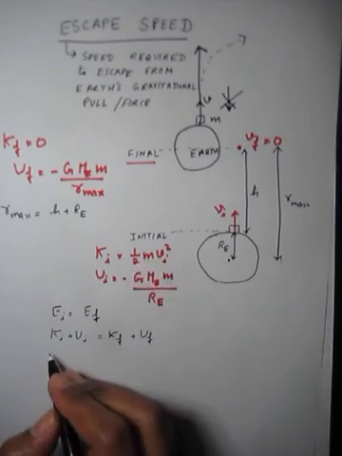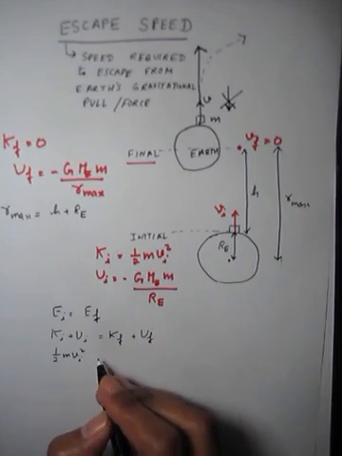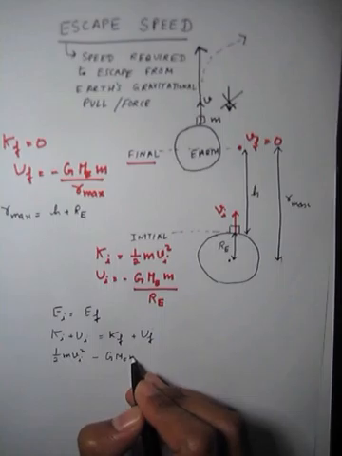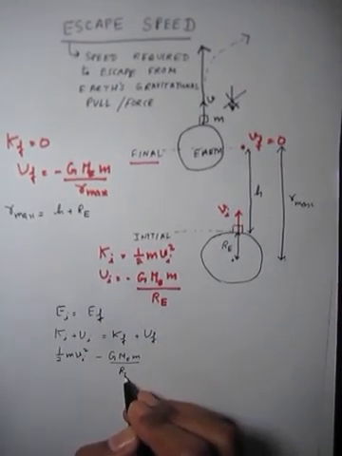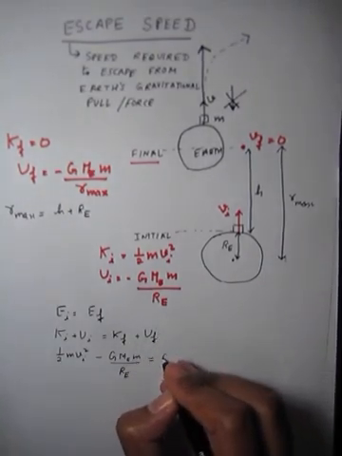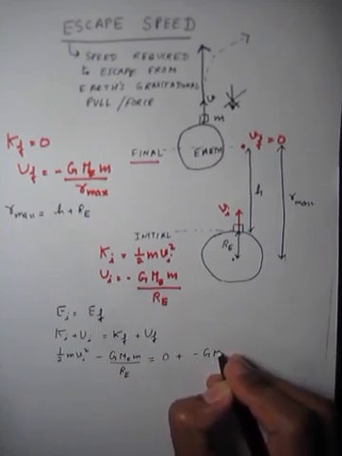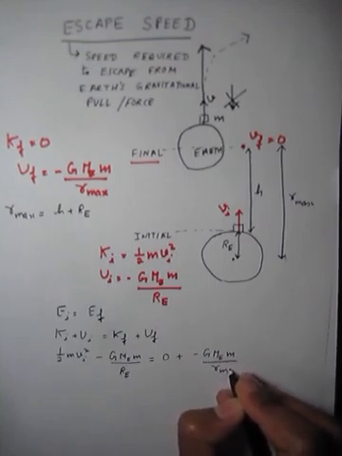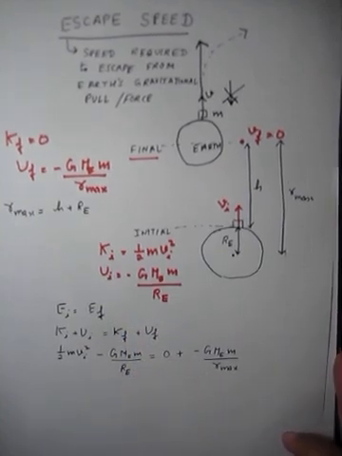Initial kinetic energy will be 1 upon 2 m vi squared, and potential energy will be minus G mass of Earth, mass of the object, divided by the distance between them, which is re, will be equal to final kinetic energy plus the potential energy. Potential energy will be minus G mass of Earth, mass of the object, divided by r maximum. So by energy conservation we get this equation.